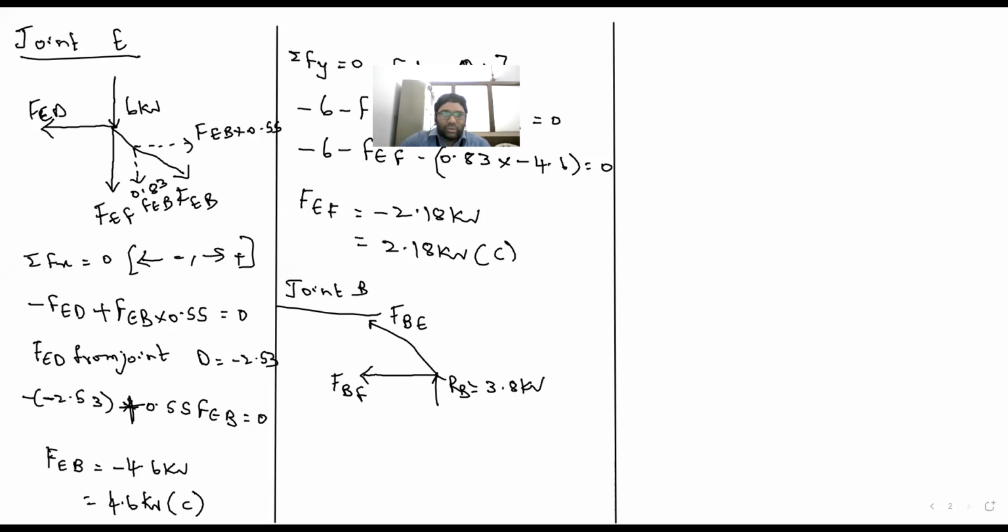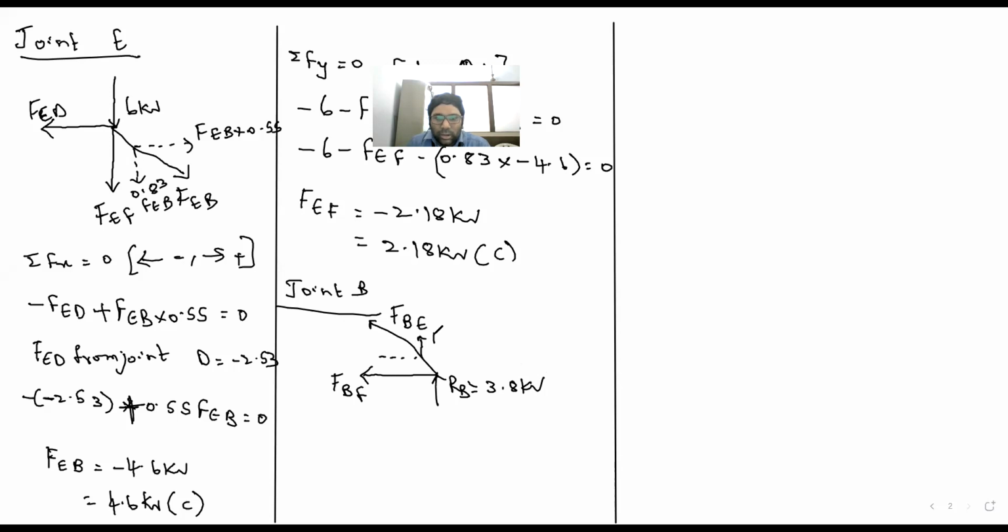Now, all of you should say, what should we take to get the value of FBF? We need to resolve FBE into a horizontal component and a vertical component. That is a must.